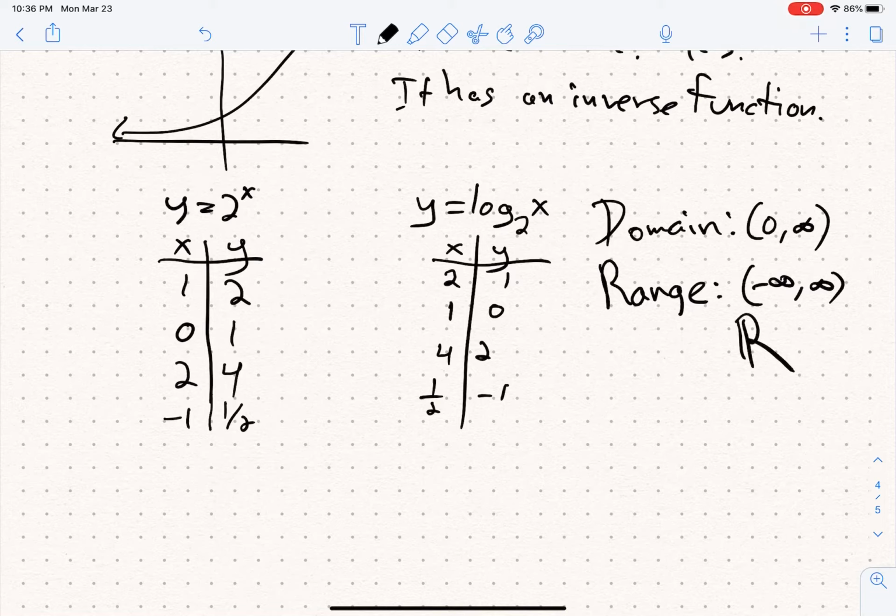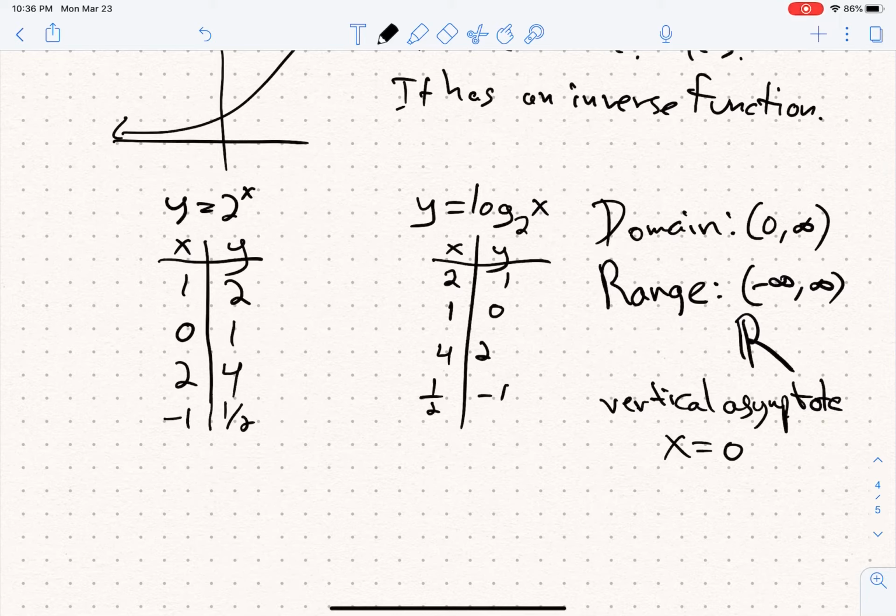I would probably write that R for all real numbers. It has a vertical asymptote at x equals 0, and no horizontal asymptotes. Okay. So that's the basics. That's the log in base 2.